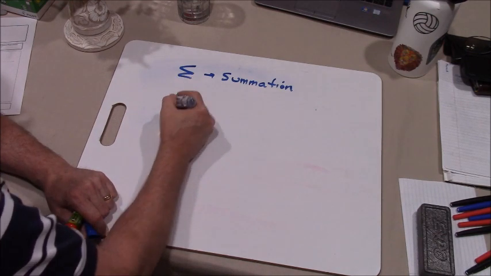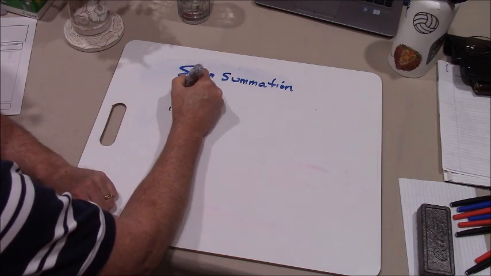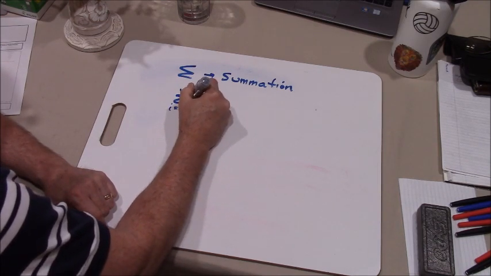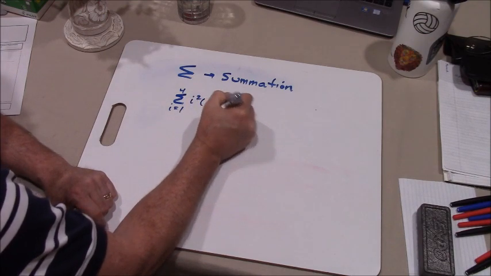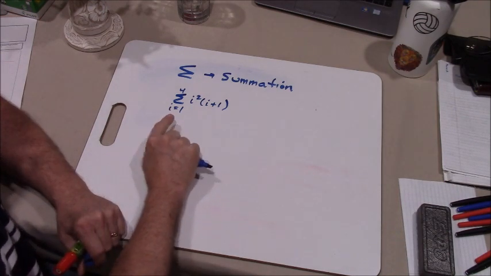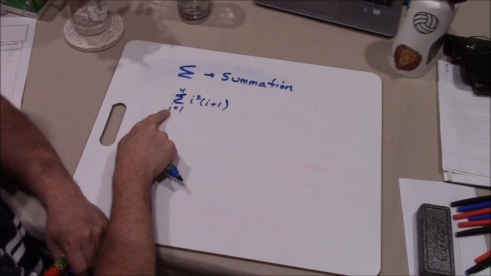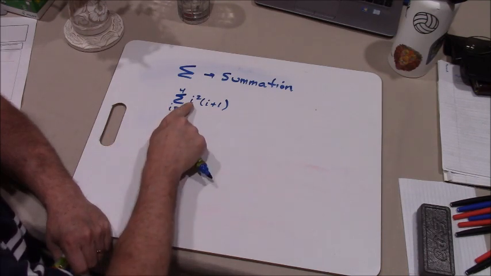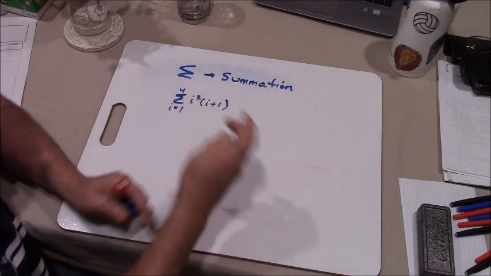It's called the summation for i equals 1 to 4 of i squared times i plus 1. So let me say that again just so we understand how to pronounce this. It's the summation for i equals 1 to 4 of i squared times i plus 1.